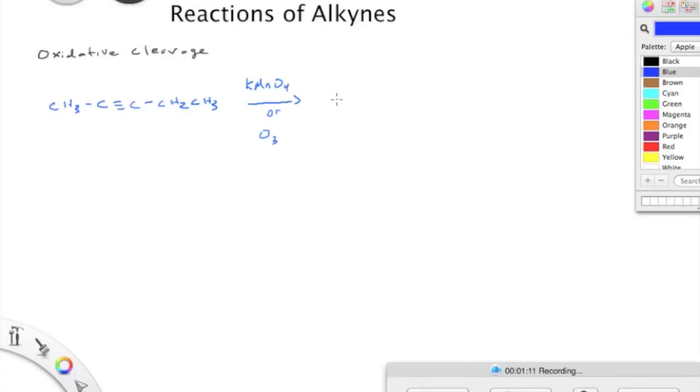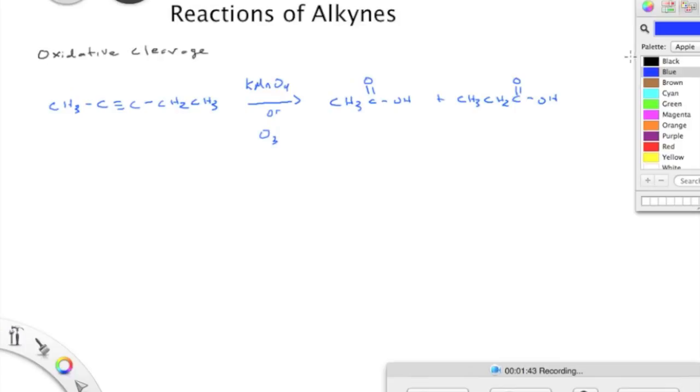And you should know that your products are going to be two different carboxylic acids. So one will be from one side of the alkyne, and the other will be from the other side of the alkyne. And so you can use this kind of nicely here to figure out what the original alkyne was if you just simply put these two guys together where the carboxylic acid is.